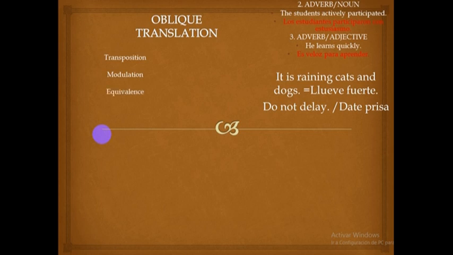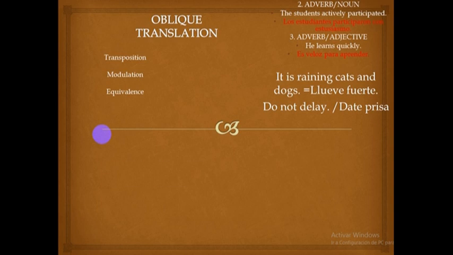And the third technique is equivalence. We can say that equivalence is a reformulation of what people say. This technique is very similar to the previous one, because we have to translate idioms or advertising slogans.